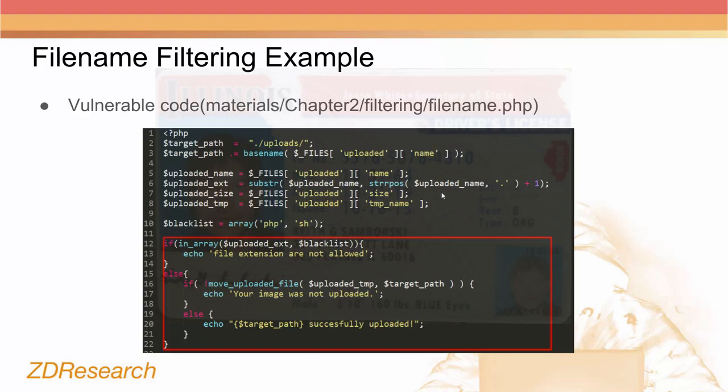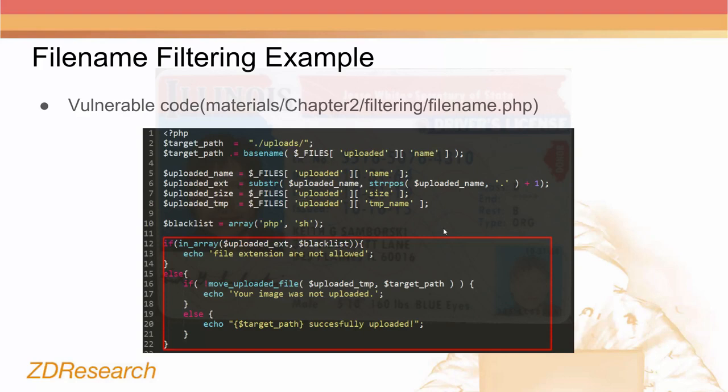So from the right of the string, it looks for the dot position and then adds 1 to that, and anything after that rightmost dot is the extension of the file name. So that's the way we're extracting the extension. Obviously PHP has its own functions which are more robust and reliable for doing that, but for the purpose of our demo we've done this. So this is how we're getting the extension from the file name and checking if it's PHP or SH or anything else, and then checking if that file extension is in the blacklist array.